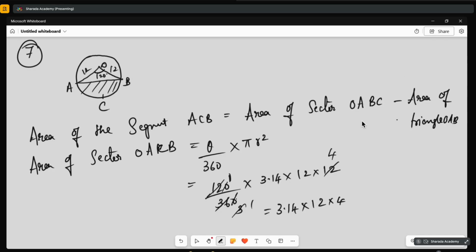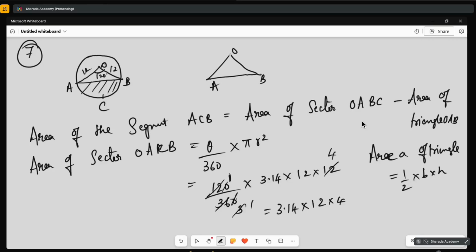Okay. Now area of the triangle. It is half into base into height. Now this triangle, see here, listen to this. Triangle OAB. So we will draw one perpendicular line like this. Okay.